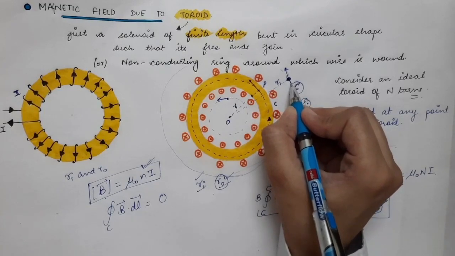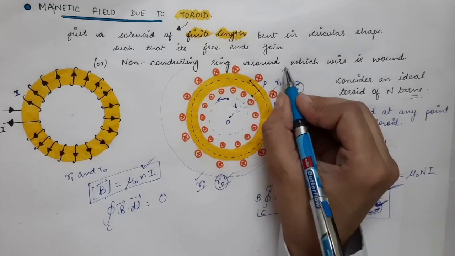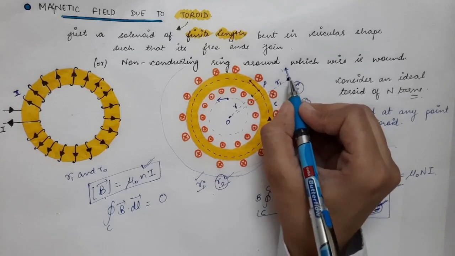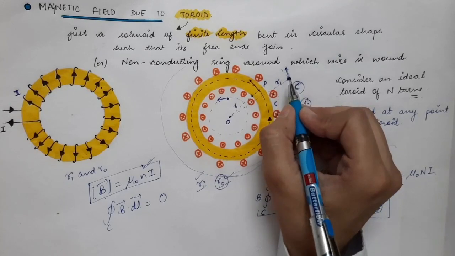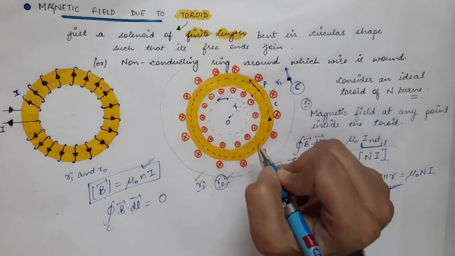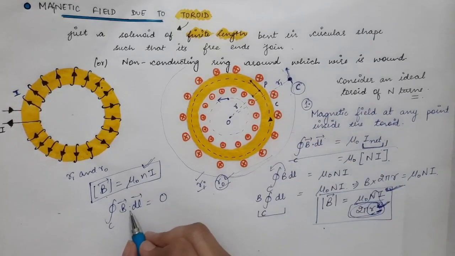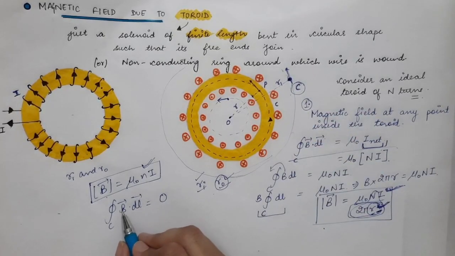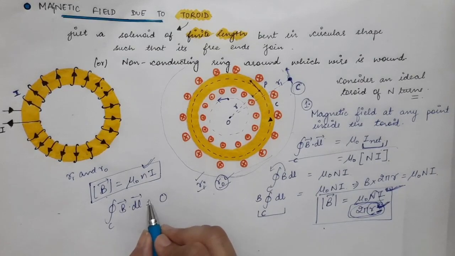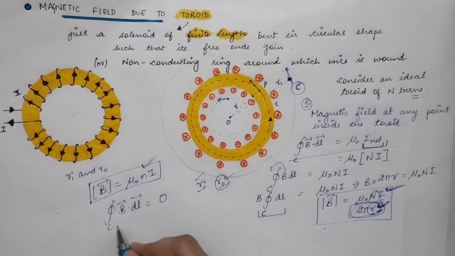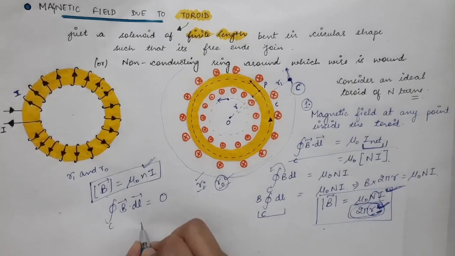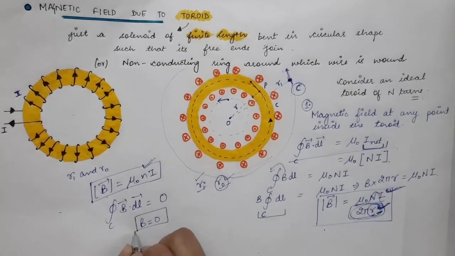So dl vector is in this direction, and magnetic field, if present, will also be directed in the same direction because of the symmetry of this system. So this B vector dot dl vector will be just equal to B into dl, and cos of 0 degree, that will be 1. So from there you can see that B will come out to be equal to 0.